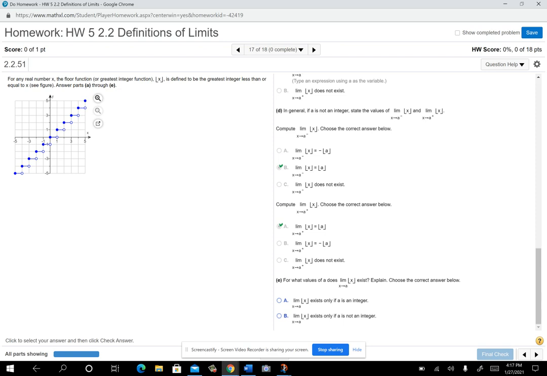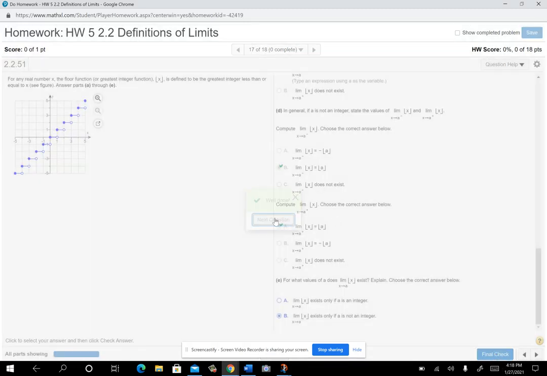So it looks like to me that the limit exists when you get the same thing from the right or the left, that it exists when A is not an integer. But remember, when A was an integer, then sometimes you got one less than A and sometimes you got A. Okay, so it needs to be part B. Okay, and we'll check that.